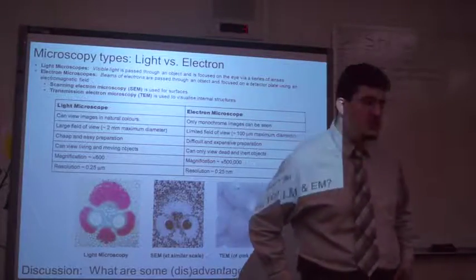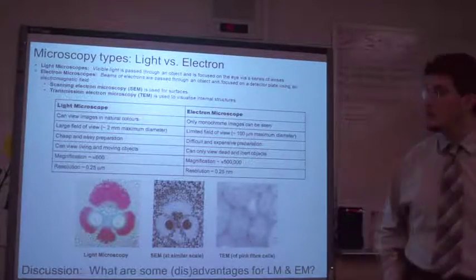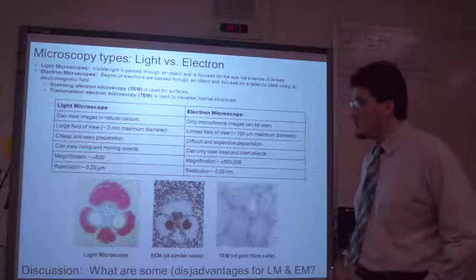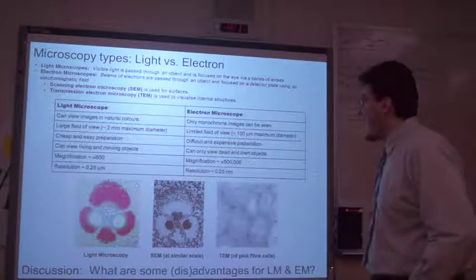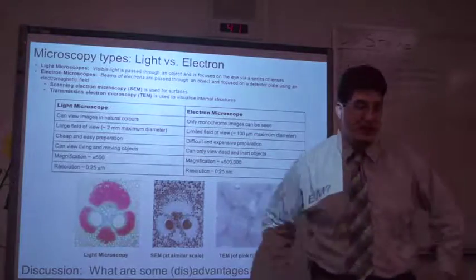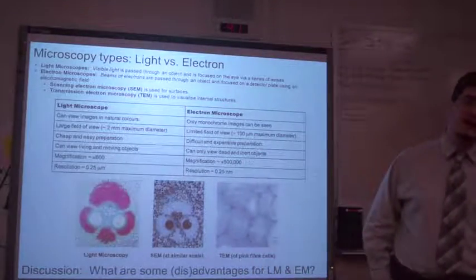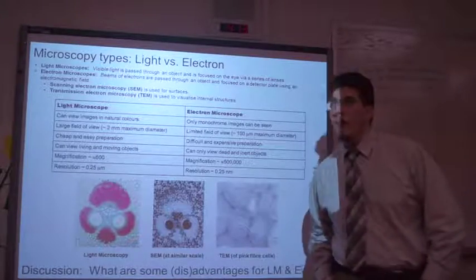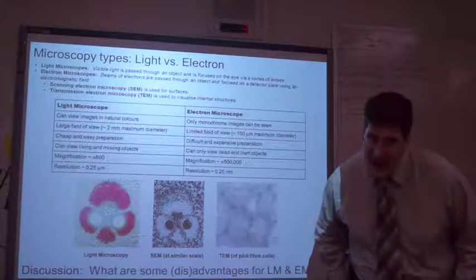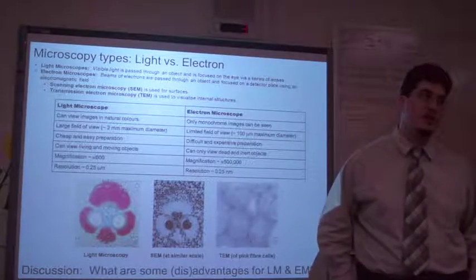Light microscopes are cheap in comparison to electron microscopes, which are very expensive. And it takes very specialized training to prepare electron microscope slides. By the way, this has been a Cambridge question.